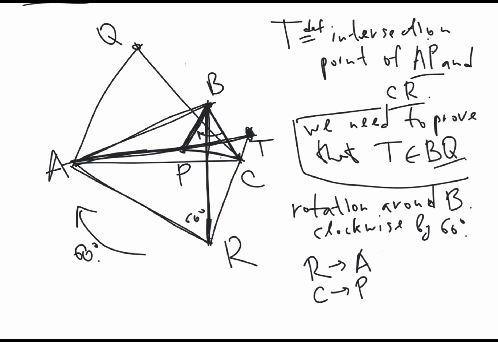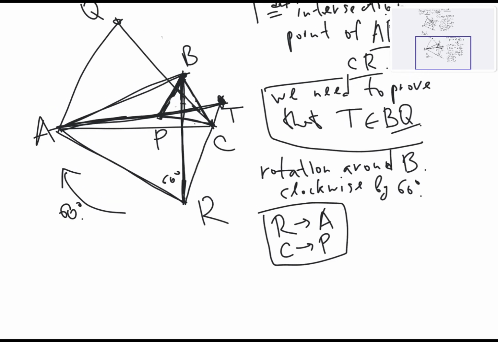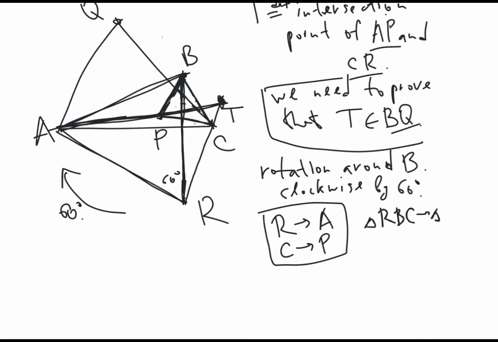Then because of these two mappings, we get that the triangle RBC is mapped to the triangle ABP, right?